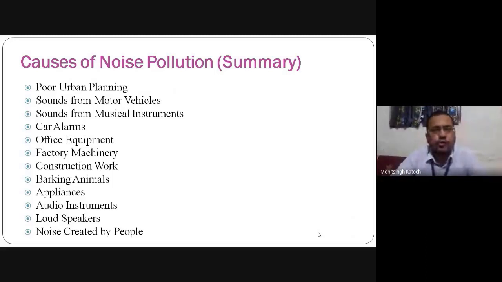So the causes of noise pollution can be summarized as follows: poor urban planning, sounds from motor vehicles, sounds from musical instruments, car alarms, office equipments, factory machinery, construction work, barking animals, various household appliances, audio instruments, loudspeakers, and the noise created by the people. All these sources heavily contribute to increasing noise pollution with each passing day.